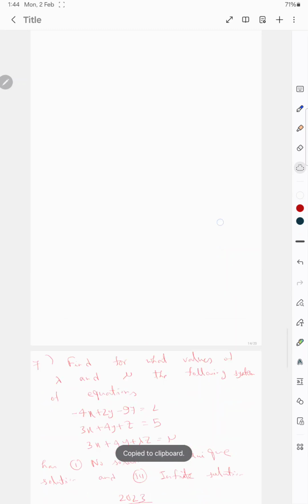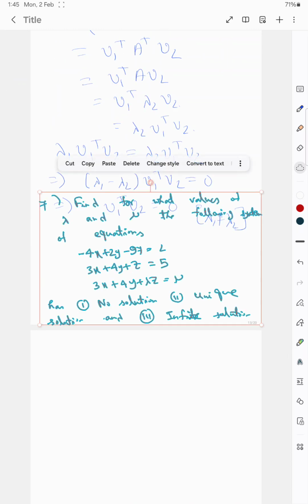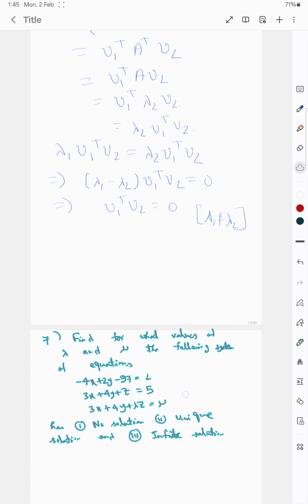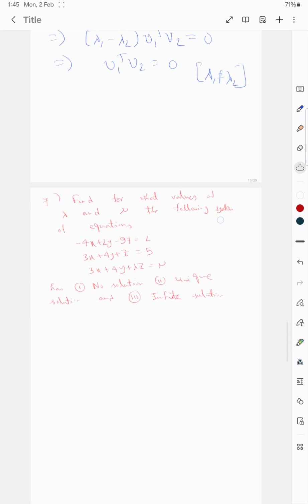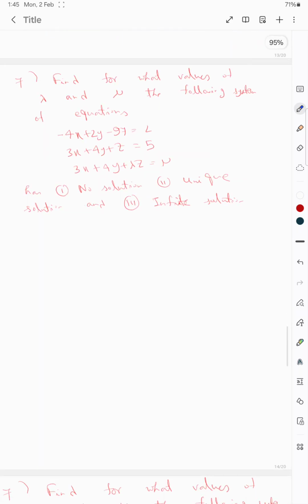Okay, so I just give you the corresponding form. So suppose you have this type of thing, you have to find the value of lambda and mu.